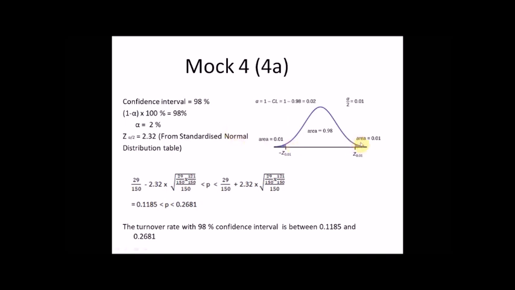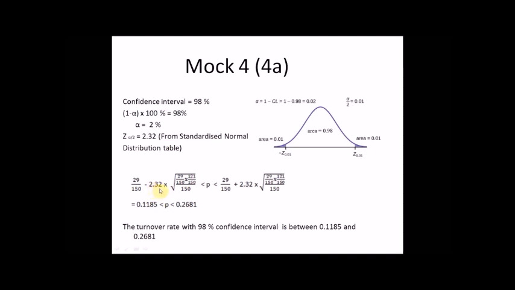Then we can look up 0.01 in the standardized normal distribution to find the z value. However, 0.01 cannot be found in the table, but we can find the closest value, which is 0.0102, and the z value is 2.32.